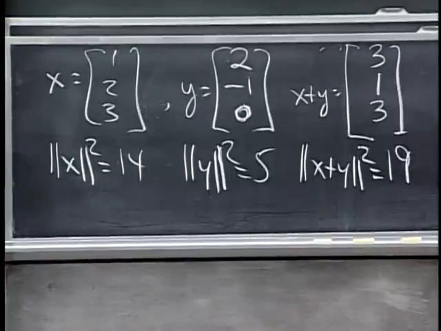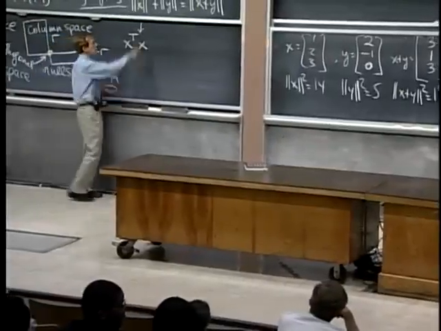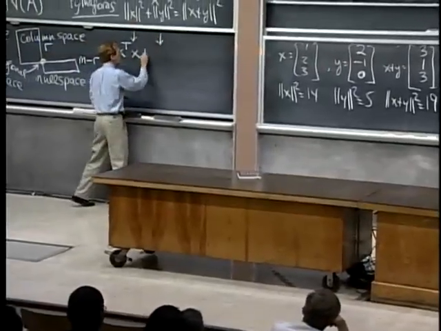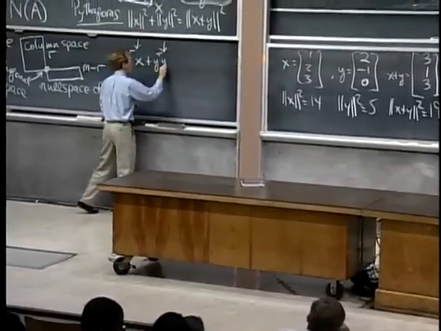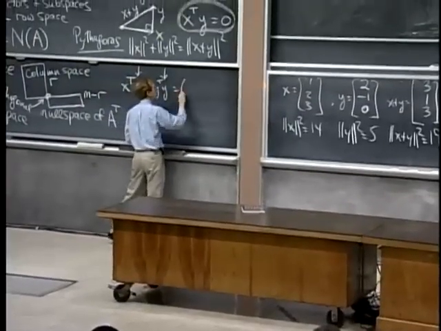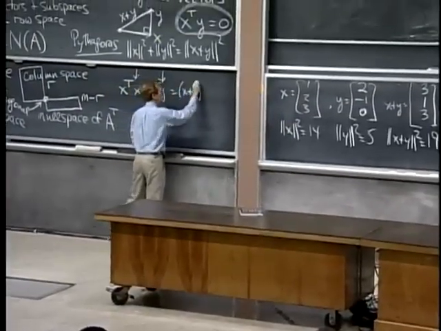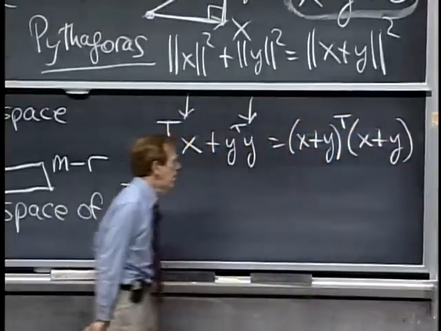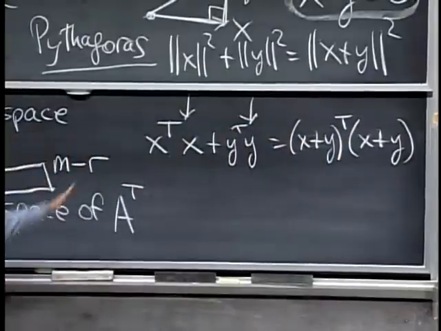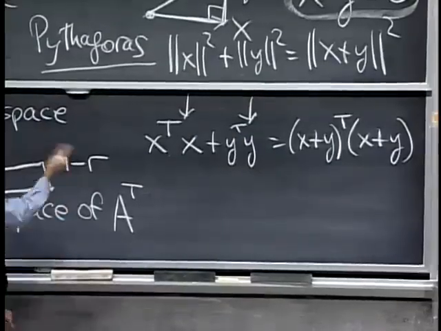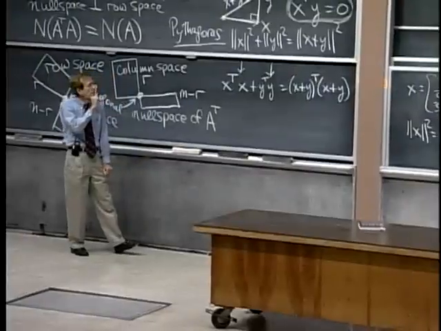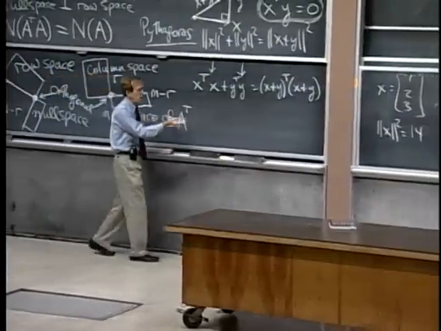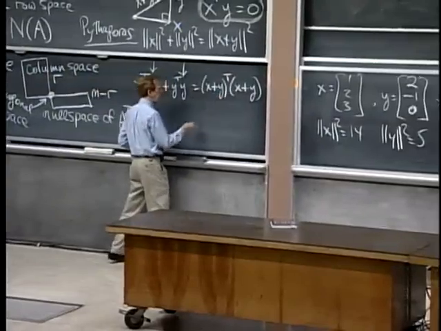Now, let me just do that in letters. So that's y transpose y. And this is x plus y transpose x plus y. So again, this isn't always true. I repeat, this is going to be true when we have a right angle. Let's simplify this stuff here.